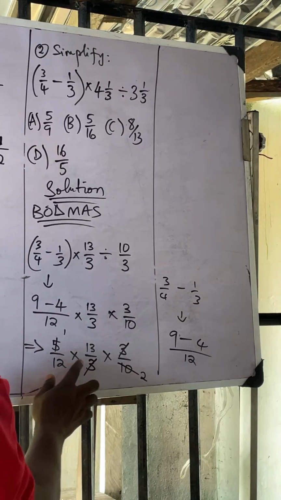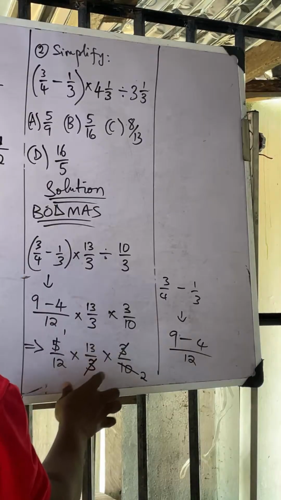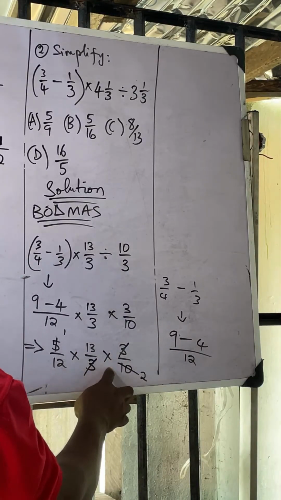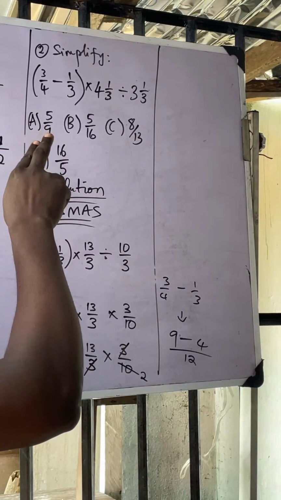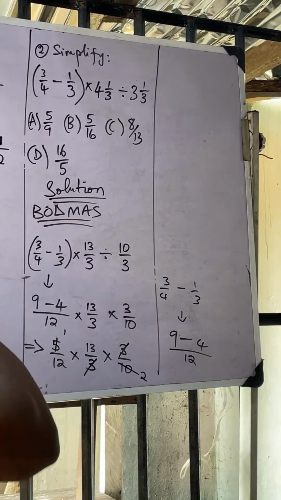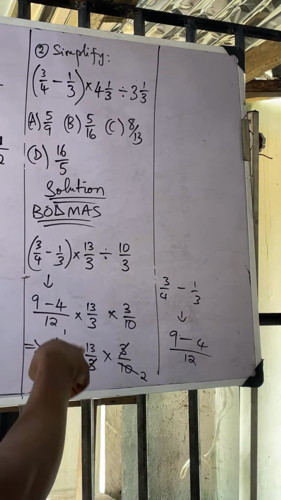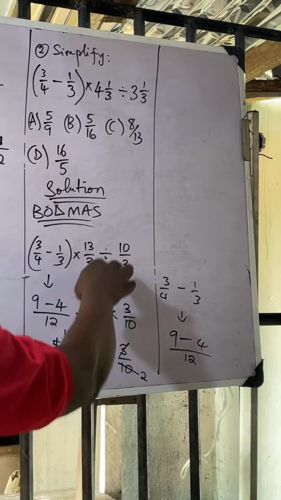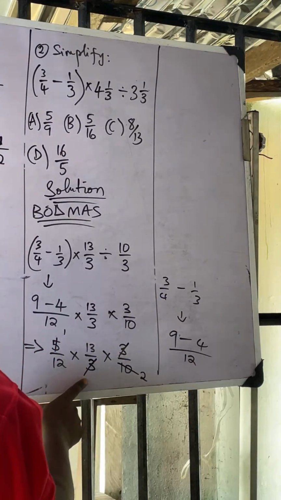We have 5 over 12 times 13 over 3, then times what again? We have 3 whole number 1 over 3, which is 10 over 3. At the end, we have it as 3 over 10 when we turn division to multiplication. So everything is all right.